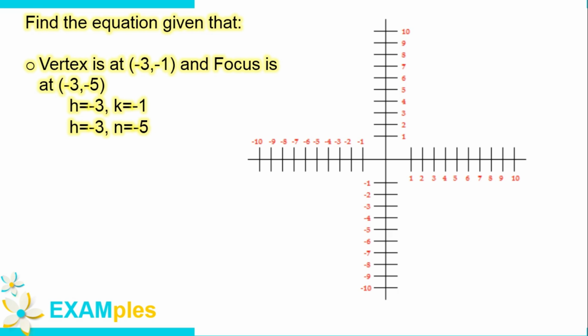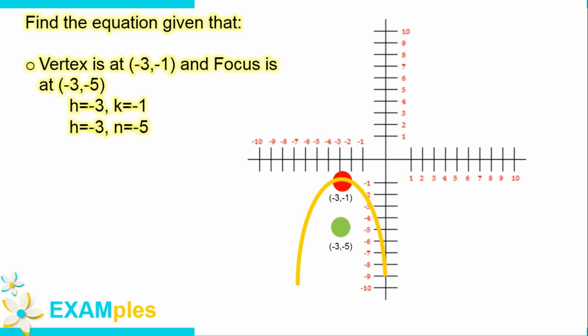So we plot the vertex. In parabolas, before getting the equation, it is preferable to plot it first so you know which equation you should use. So the vertex is -3, -1, and the focus is -3, -5, directly below the vertex. So that is the focus.